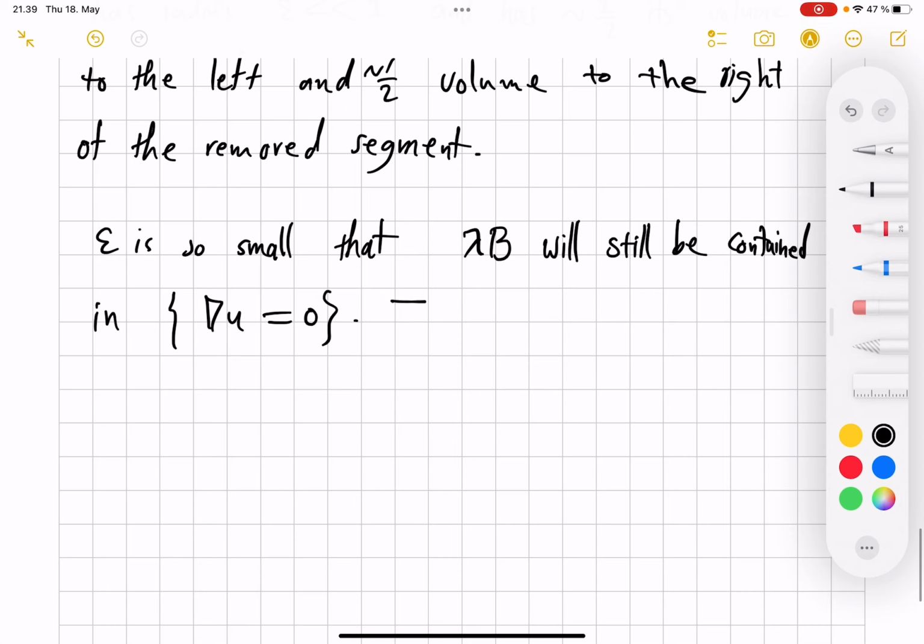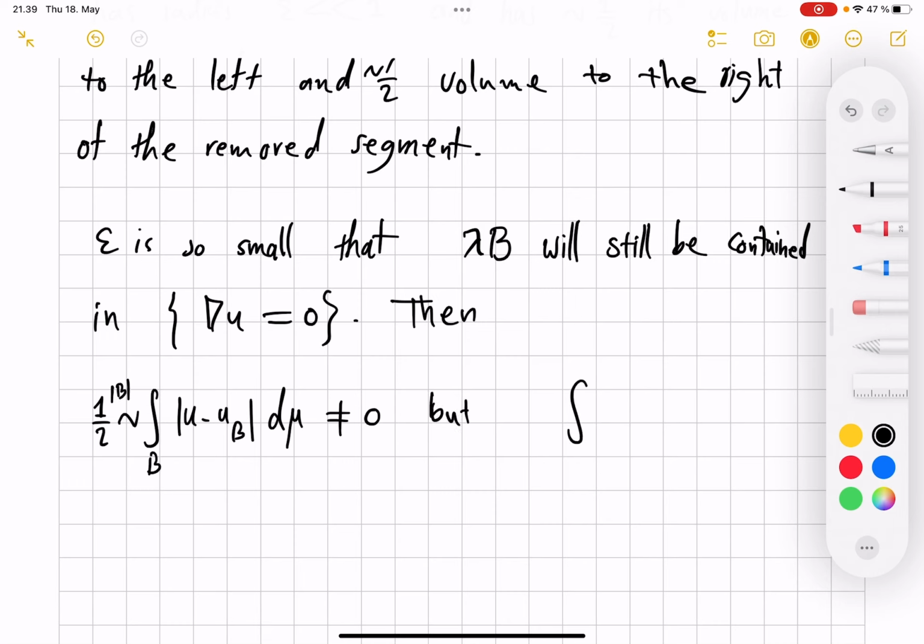Then just like the previous calculation, the integral over B of u minus u average over the small original ball is other than 0. It has value 1 on one side and 0 on the other, so this is proportional to about 1/2 of the volume of B. But this integral over lambda B, even with the help of lambda, of the gradient of u to the p, to the 1 over p, is 0.